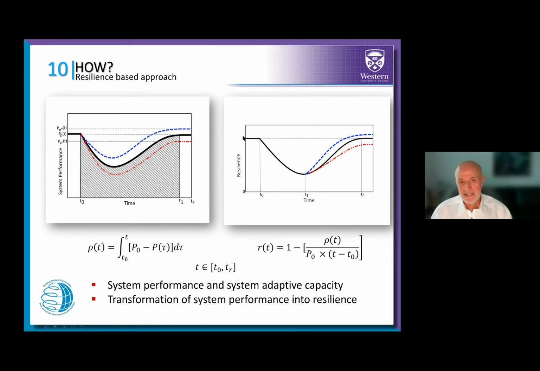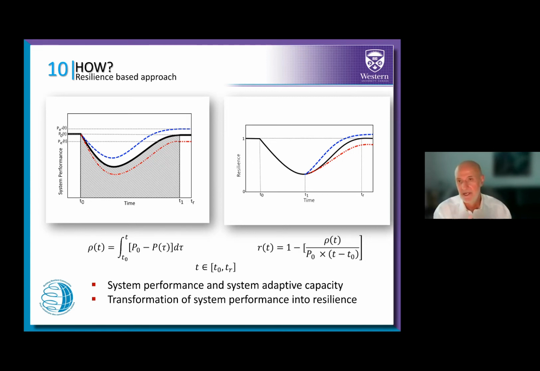The attractiveness of this transformation is that we can look at various performance indicators, like I pointed out, the number of kilometers of roads under the water. We can use the number of beds in the hospitals for people affected by the hazard.